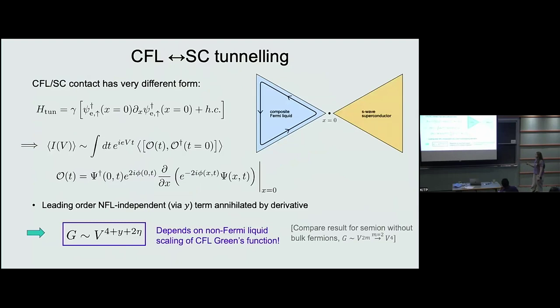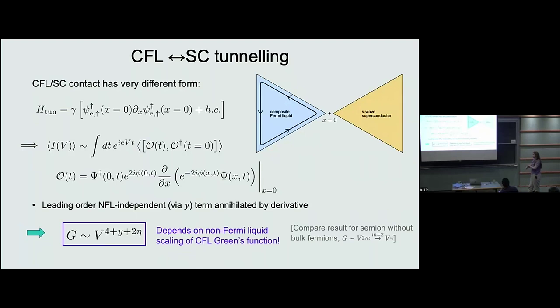This is different for the superconducting composite Fermi liquid tunneling, where now, in terms of electron operators, it takes this form where I have this derivative here. And so I still again have to do the proper calculation. What I find is that I have to calculate this correlation function with this derivative.